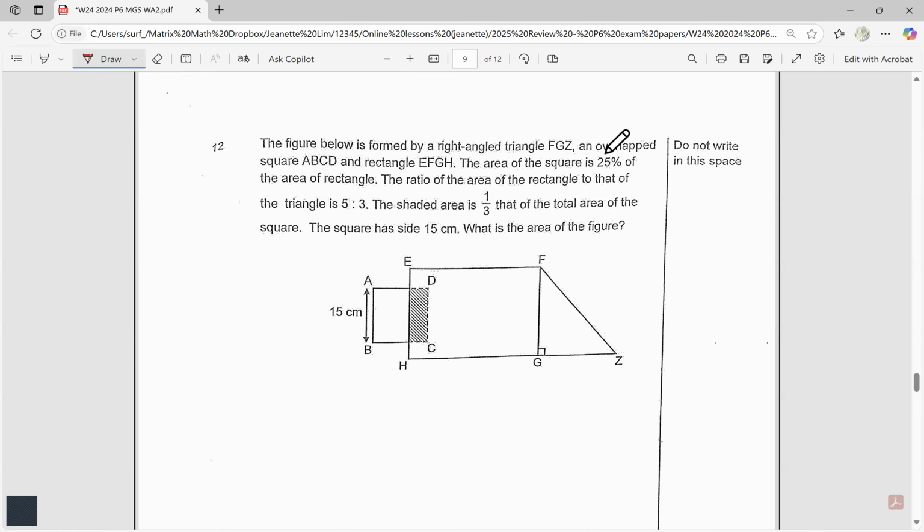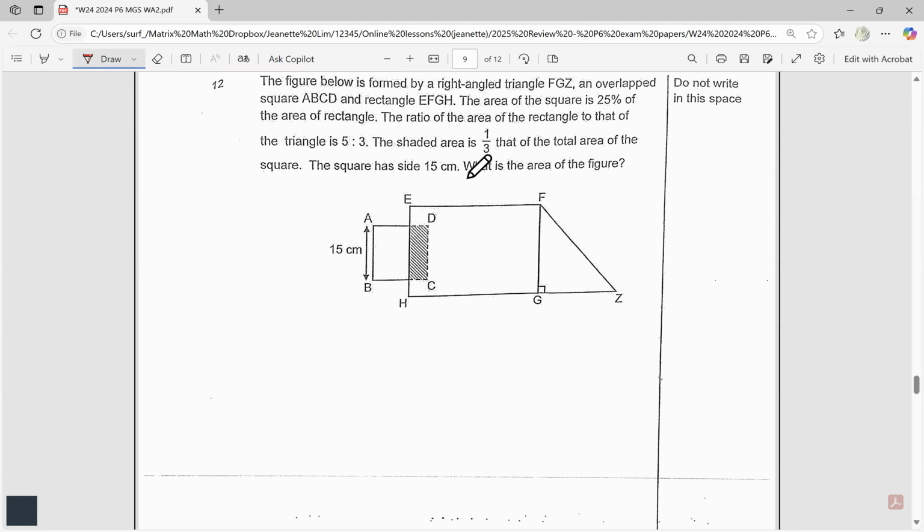Okay, so I have a percentage, ratio, fraction. Let's change everything to ratio so that we can compare more easily. So 25% means square to rectangle. Square is 25, rectangle is 100. Because in a sentence with percentage, the one at the back, which is the rectangle, is always 100%.